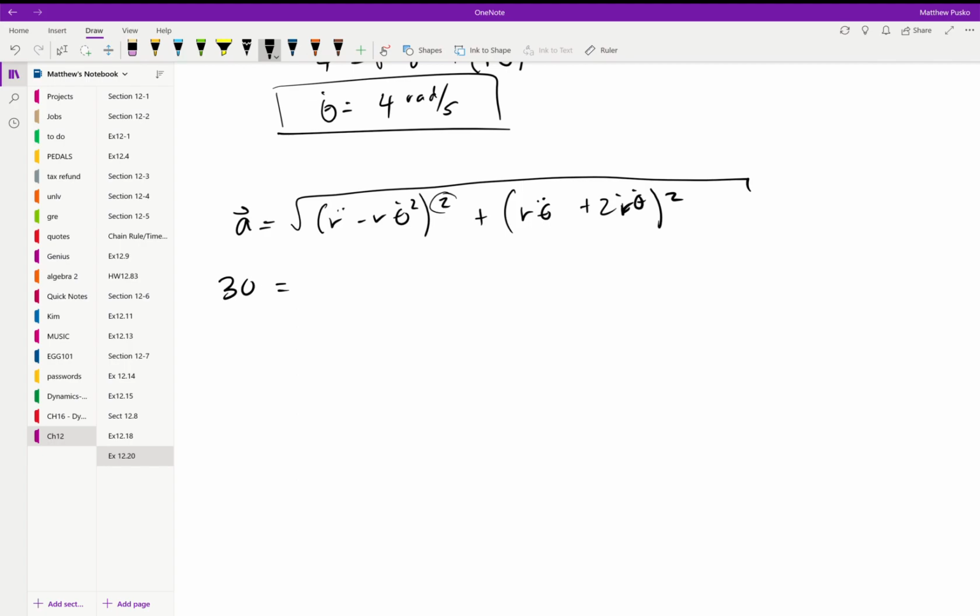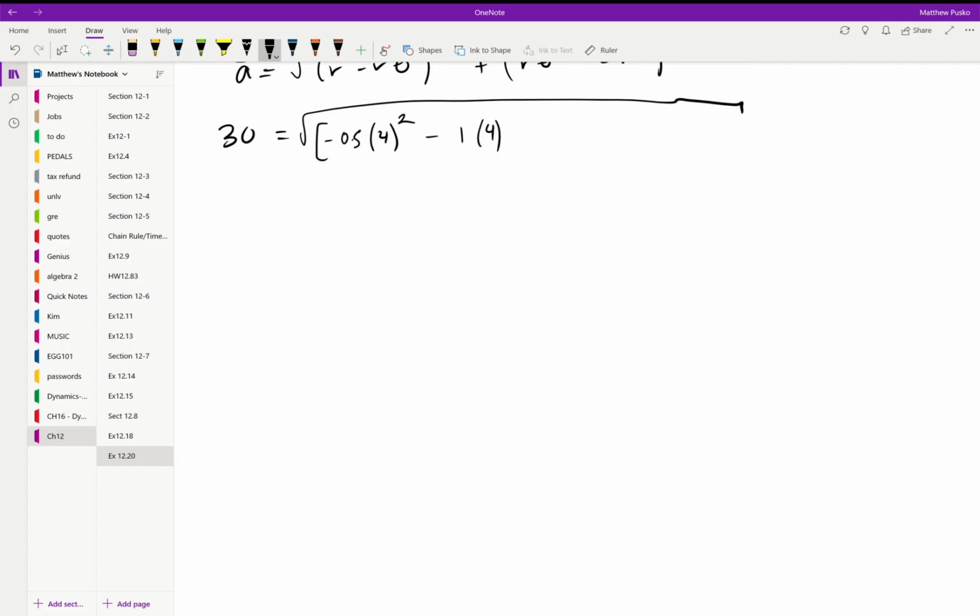And we can start plugging stuff in. We know our r double dot came out to a minus 0.5 times 4, whoops, squared, minus the r is 1 and the velocity theta dot is 4 again. This whole thing needs to be squared.